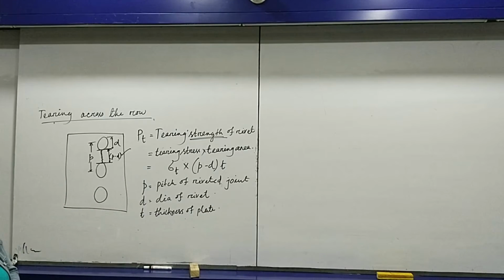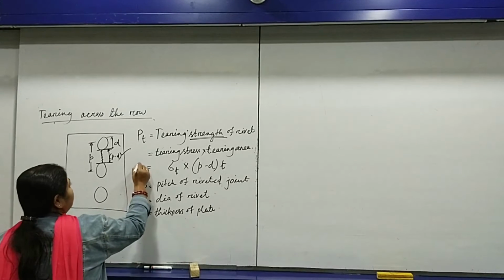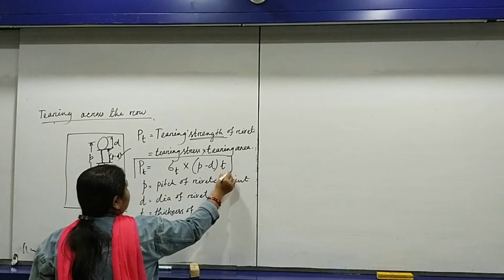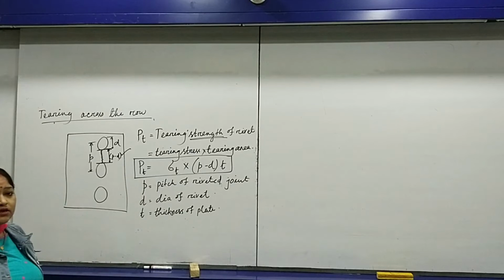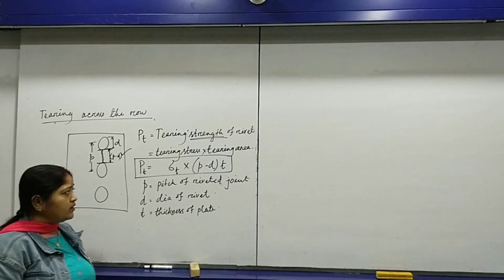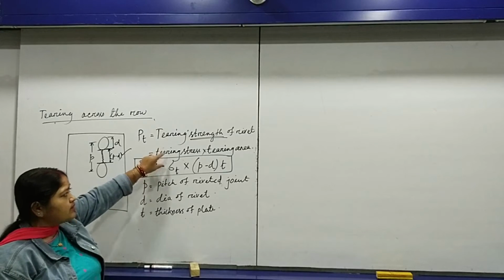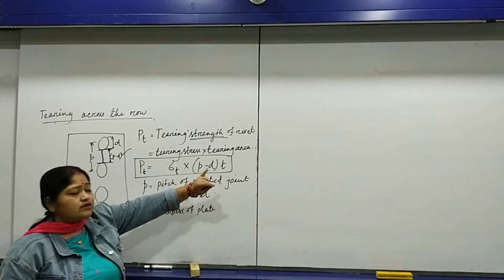In this way we get the tearing strength of the rivet: Pt is equal to sigma t into (p minus d) into t, where sigma t is the tearing stress.